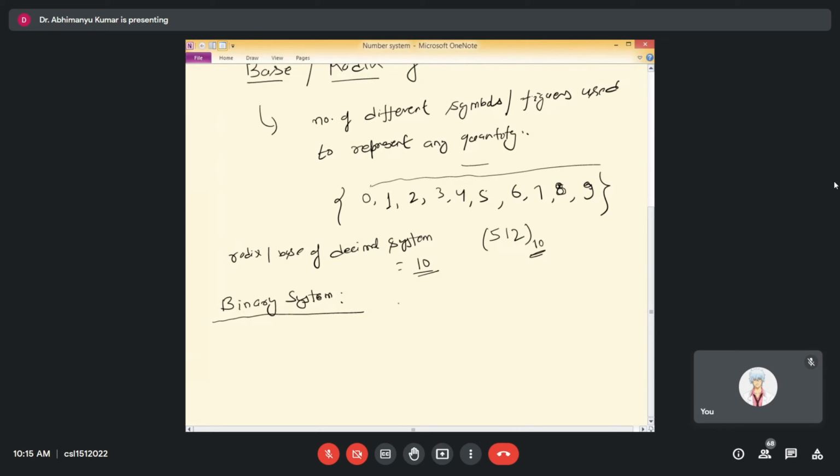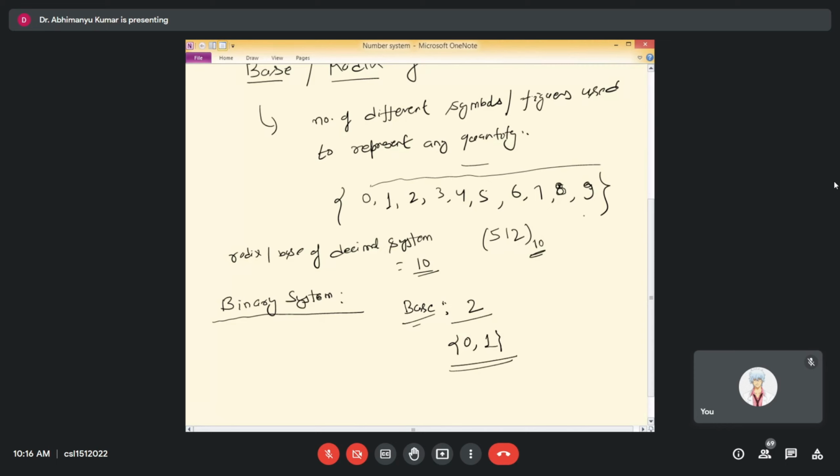Okay, in the binary number system, the base is equal to what? We have only two distinct symbols to represent any quantity, which means the base or radix is equal to 2, right? So the symbols are only 0 or 1. Now the question is how we represent 512, which is in the decimal system, in binary.